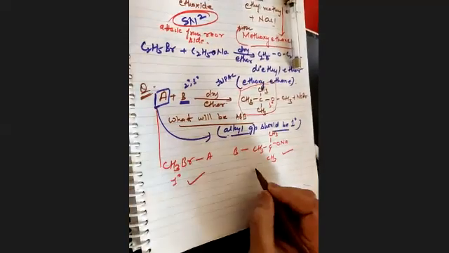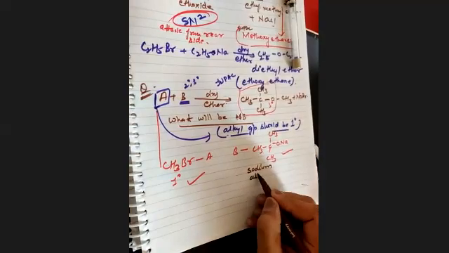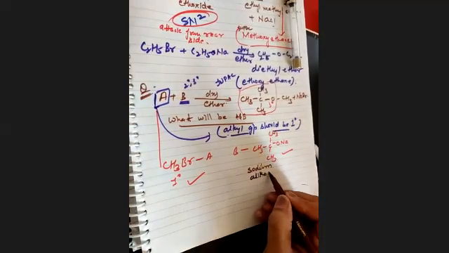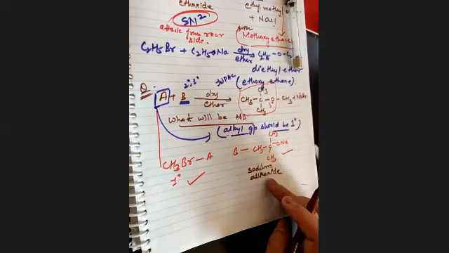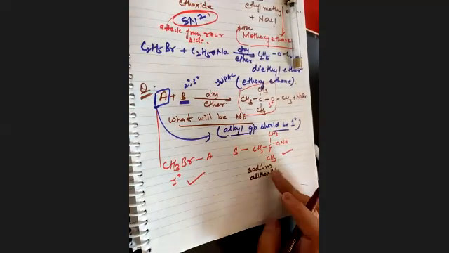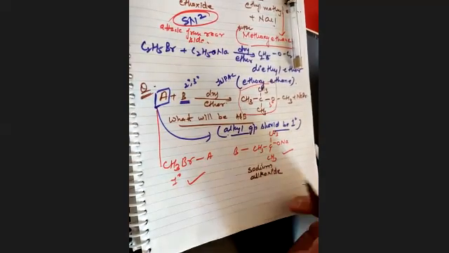So this compound is known as sodium alkoxide. Note it down, because in objectives you will get only the names. They will not give you the open structure of the compound, they'll just give you the names.